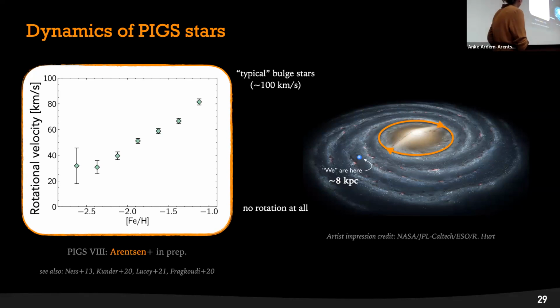And then here you have no rotation at all. And we find that as you go to older and older stars, you have lower and lower rotation. So these stars are going almost as fast as typical bulge stars, but then these stars are going a lot slower. And this is also something that couldn't really be seen before until you had these large samples of stars in the inner region.